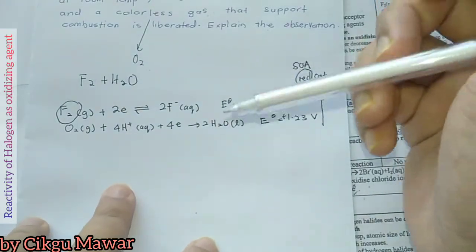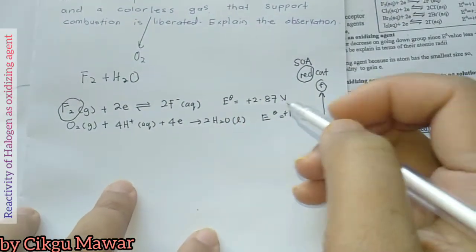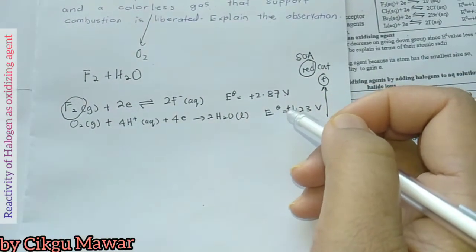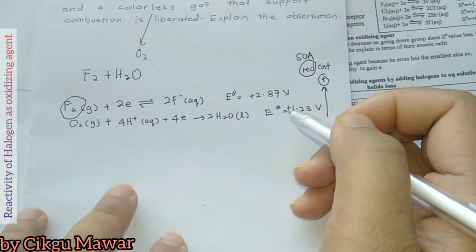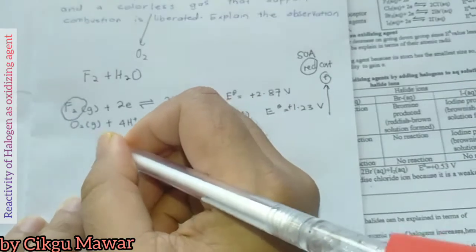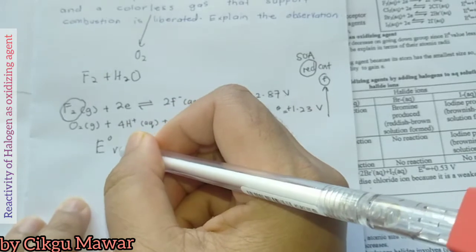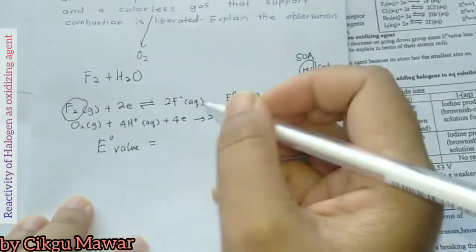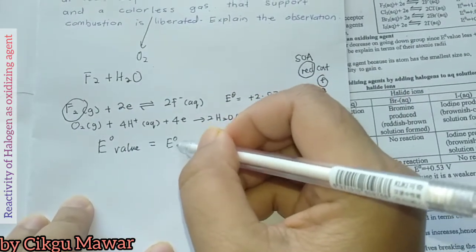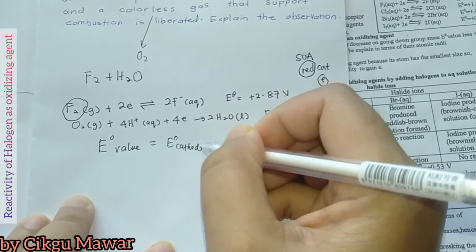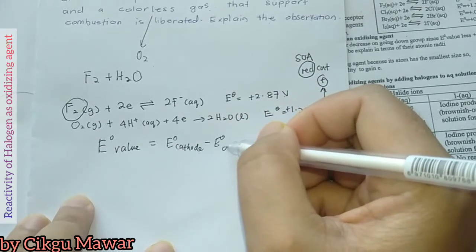Now the next step, we can calculate the E naught value. E naught cell equals E naught cathode minus E naught anode.